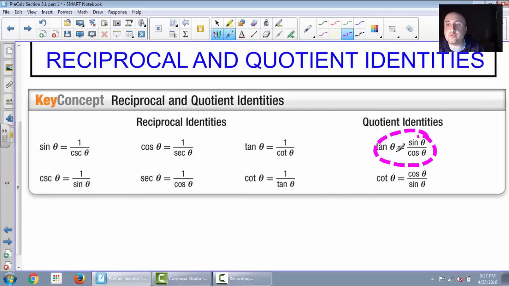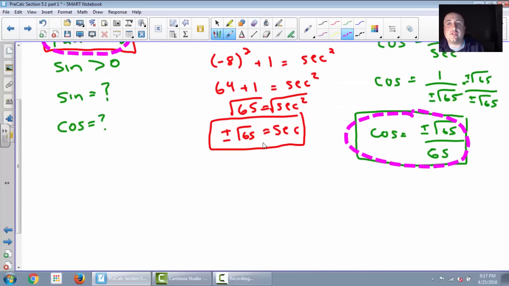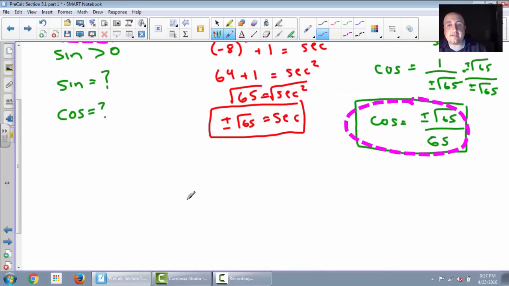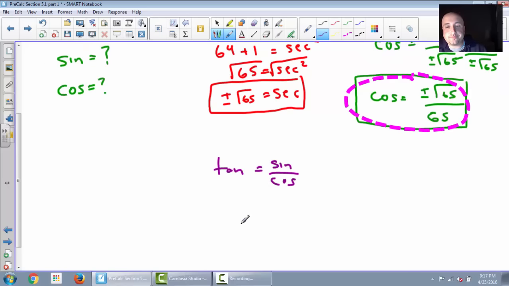We know tangent and cosine, so we can find sine. So let's fill in what we know. We know tangent is -8, we don't know sine, and we know cosine is equal to √65 over 65.